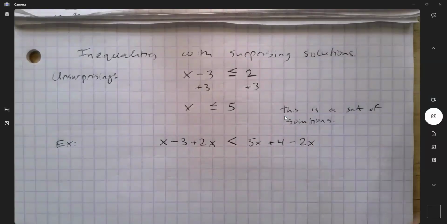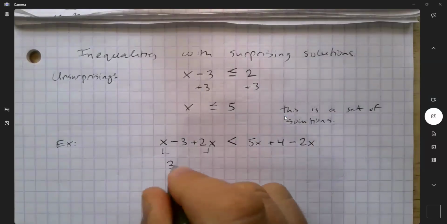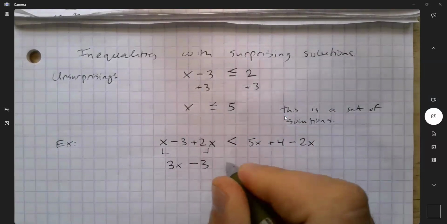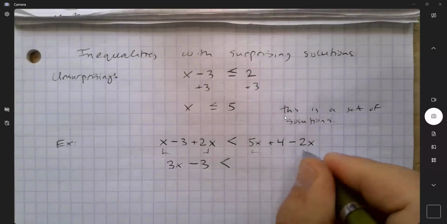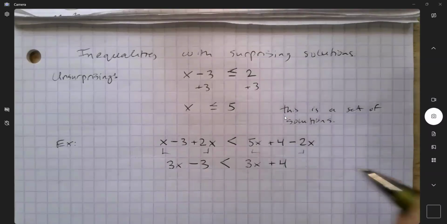So if we want to get all the x's on one side, maybe it makes sense to start by collecting those like terms. The x and the 2x add together to be 3x. So I have 3x minus 3. And on the right side, the 5x and the minus 2x also combine, and I have 3x plus 4.